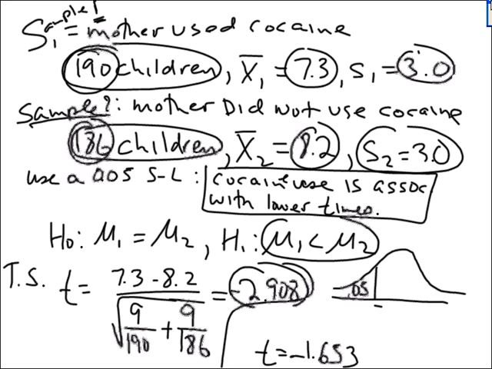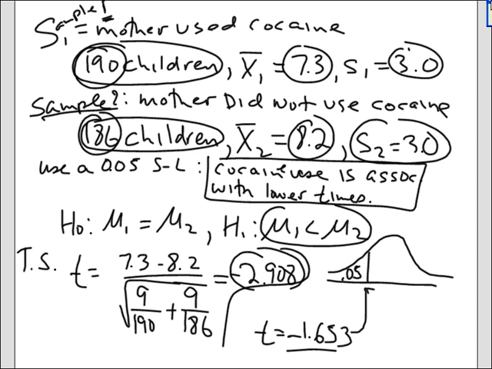So from the table, we got negative 1.653. Okay. And 2.908 is to the left of it. This is a number line. Here's 0.